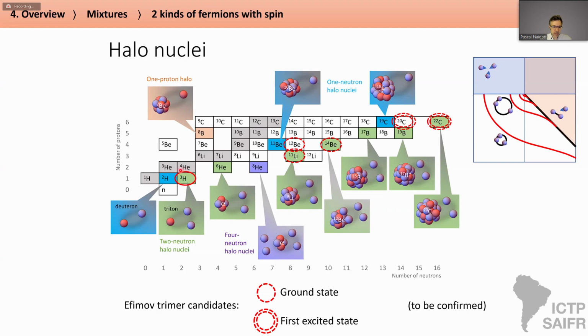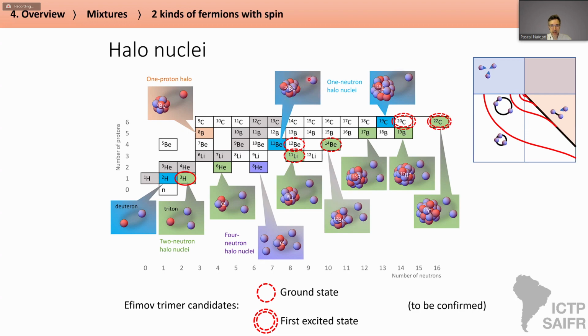And various experimental investigations found that they can be described as some compact core of nucleons surrounded by a few loosely bound nucleons. So for example, we can have a one-proton halo state like this one, or a one-neutron halo state.